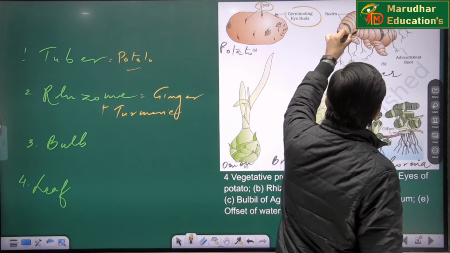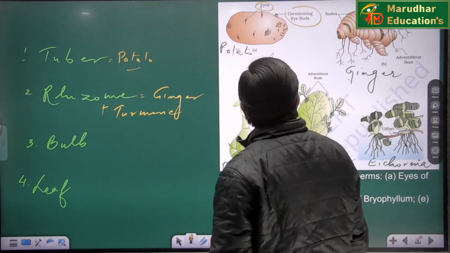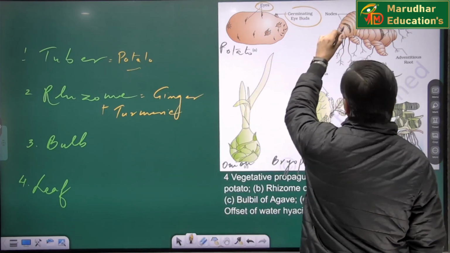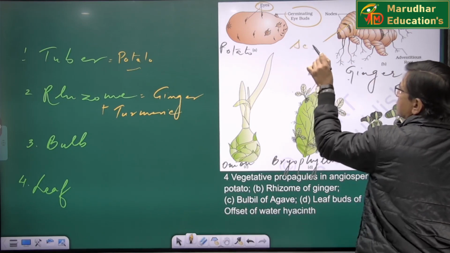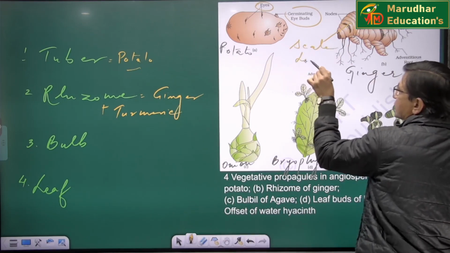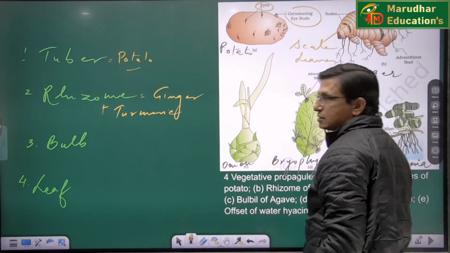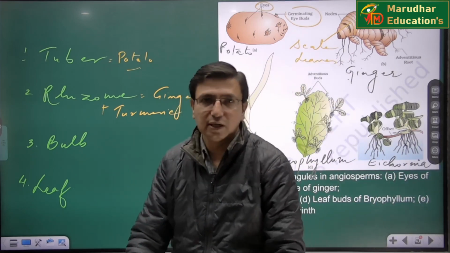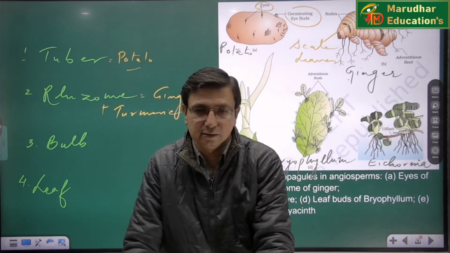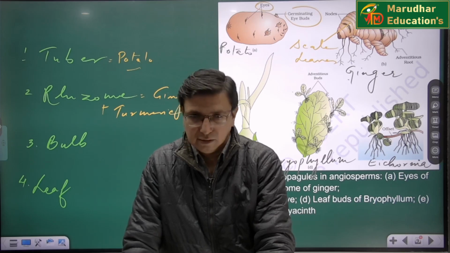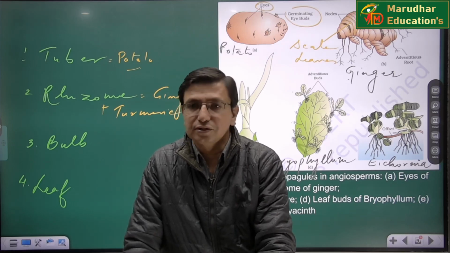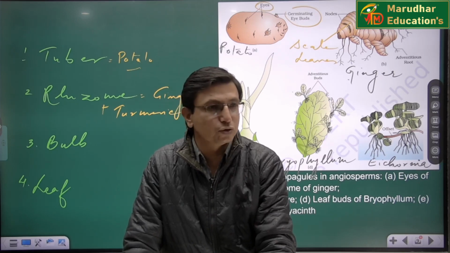These are nodes. And on nodes, you have scale leaves. And in the axil of each scale leaf, there is present a bud. That bud, when it gets favorable conditions, it shall germinate to produce a new shoot.